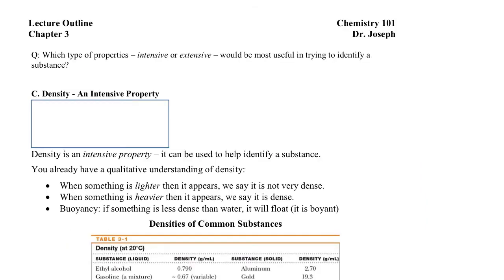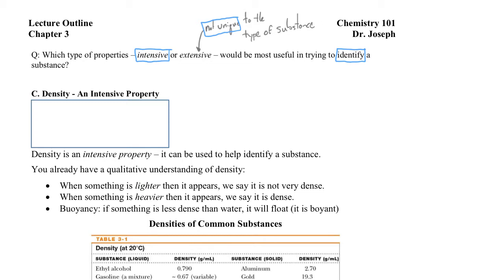Here's a question for you. Which type of properties, intensive properties or extensive properties, do you think would be most useful when we're trying to identify a substance? Well, that's right, we would want to use intensive properties. Any substance can have any particular extensive property because extensive properties change depending on how much stuff you have, not the type of stuff that you have.